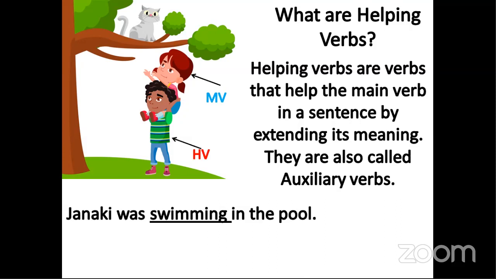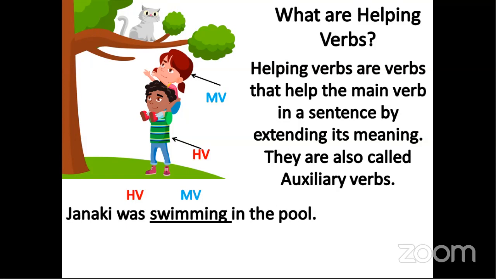For example, look at this sentence: Janaki was swimming in the pool. Which is our main verb here? Swimming is the main verb. And which is our helping verb? Was. Now, how did was help me when I looked at the sentence? I have learned when I did my tenses that was represents a past tense.